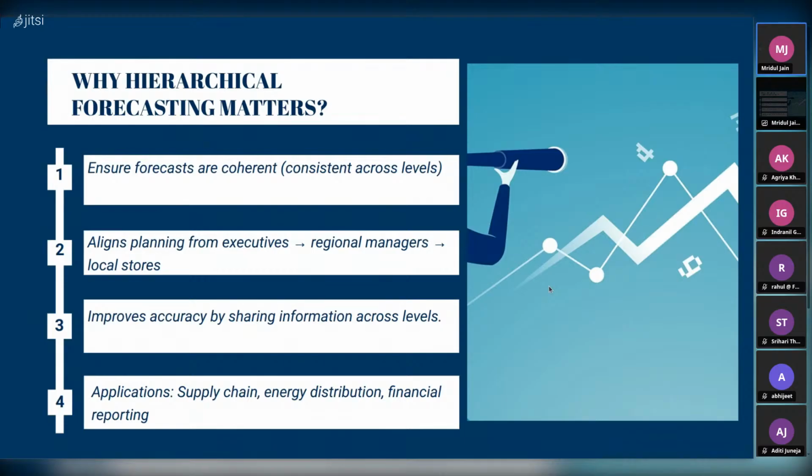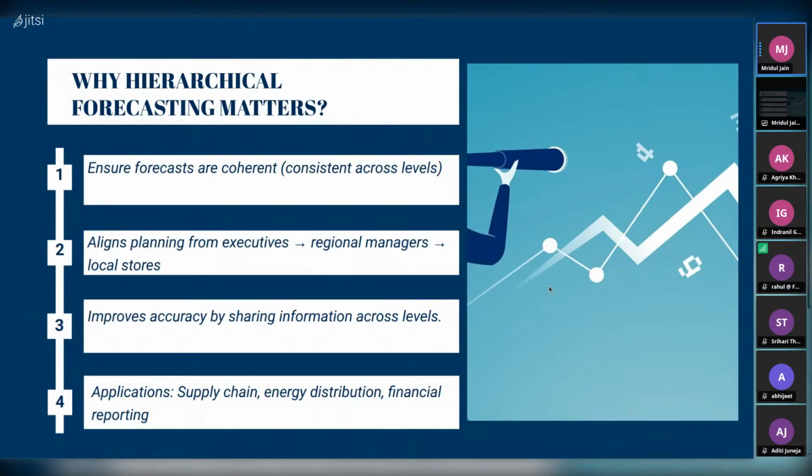That is because there are some external or internal factors which influence the sales and lead us to a wrong answer, which we do not want, right? So hierarchical forecasting ensures forecasts are coherent, and you don't have any scope of error in any of the levels, in any of the calculations.